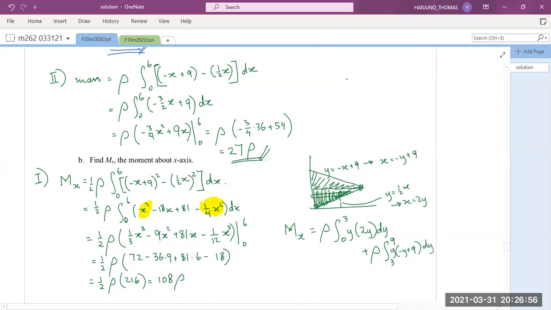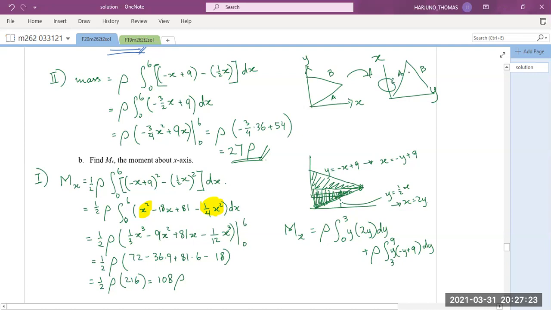Basically, the original graph looks like this. Let's say this is side A, this is side B, this is your x-axis, this is your y-axis. You switch them to be something like this, and you rotate around the x-axis.